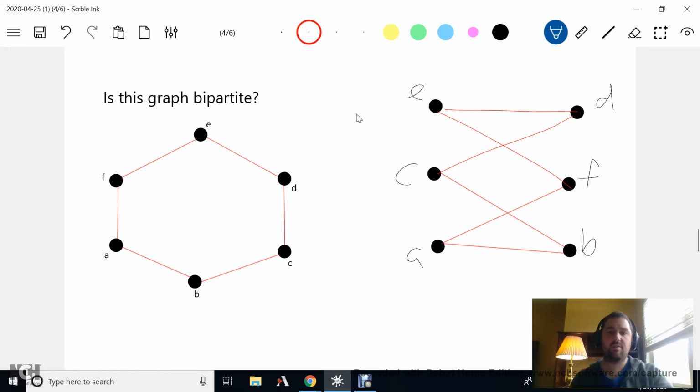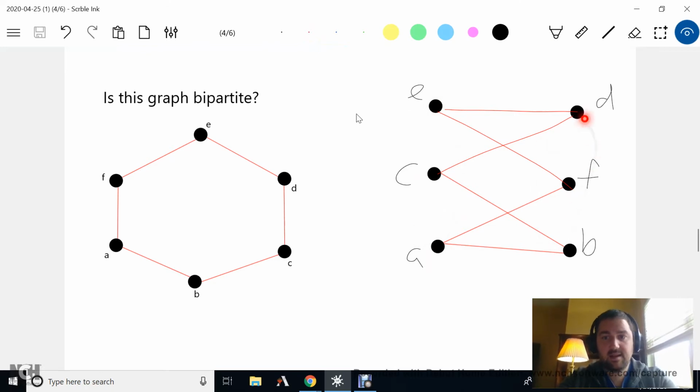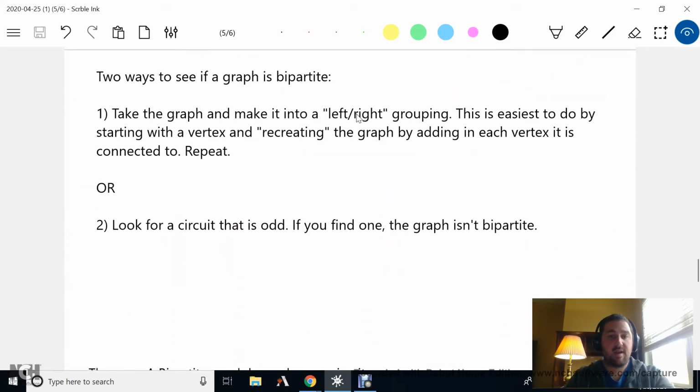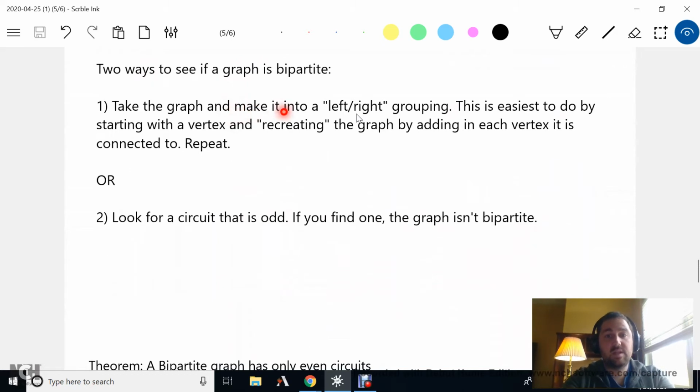So you can either stretch the graph around and move it, or you can recreate the graph step by step. And if you end up getting this left and right sided graph, it's bipartite, okay? So that's one method to see if a graph is bipartite: you take the graph and you make it into a left-right grouping.